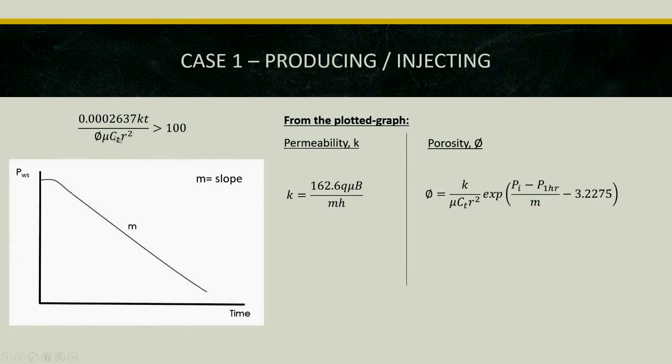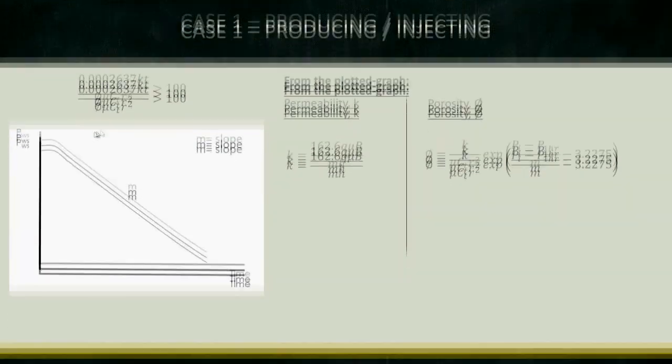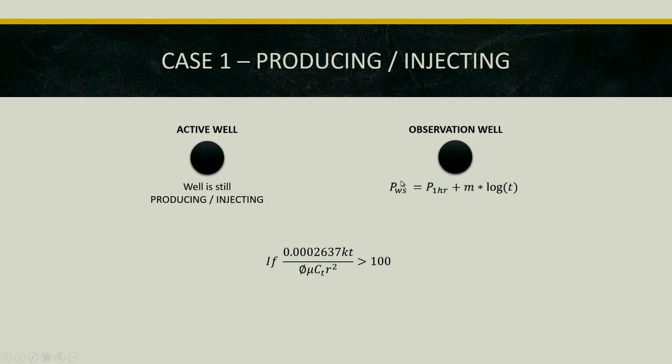If this value is greater than 100, then only can we use the formula PWS equal to P1 hour plus M times log T. For P1 hour, we just take the pressure at time 1 hour, and M is the slope of the semi-log plot. And that's how you find the stabilized well pressure PWS at the observation well after a time T.